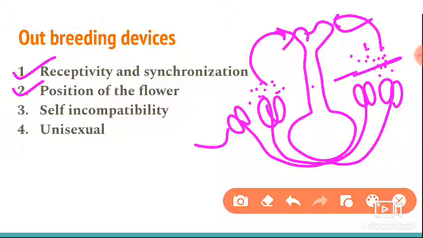Here the position is varying. If the anther and the stigma are near each other, the wind can easily transfer the pollen grains. But here the position of the anther and the position of the stigma are different.